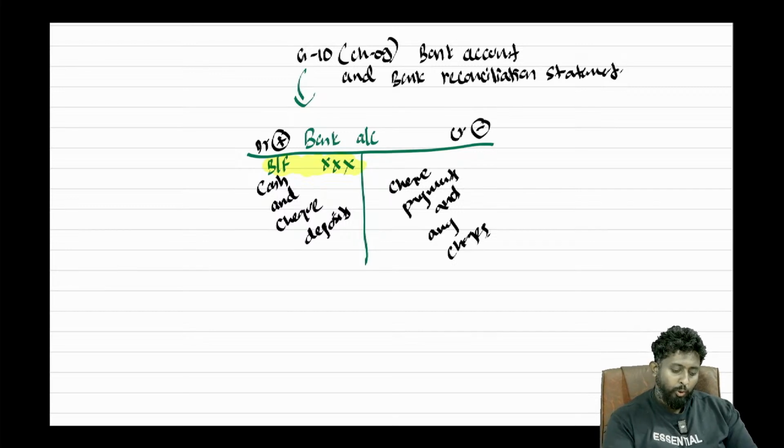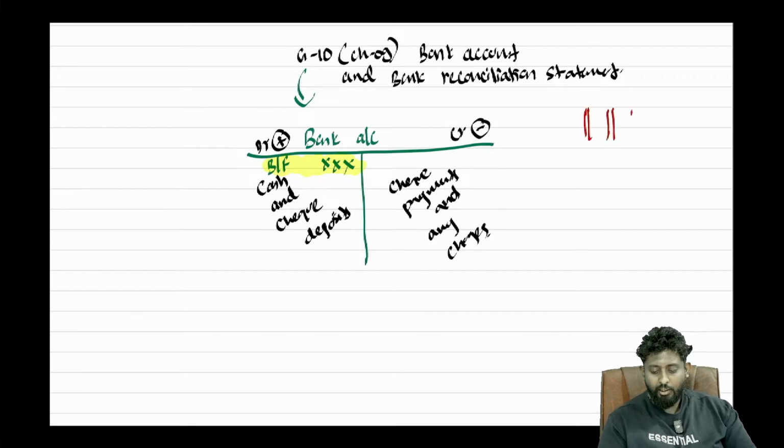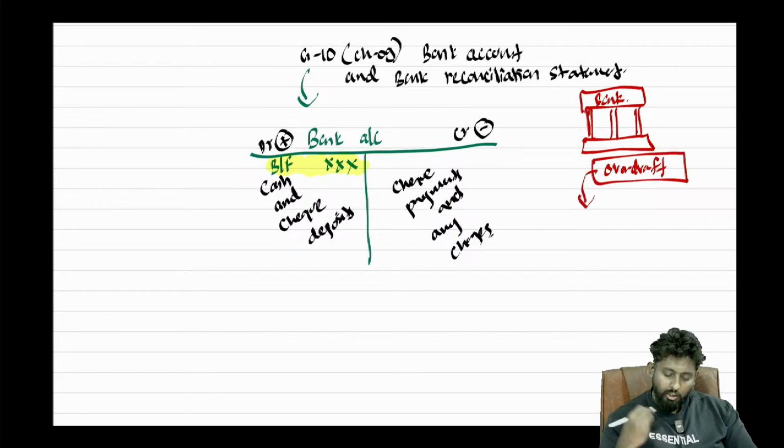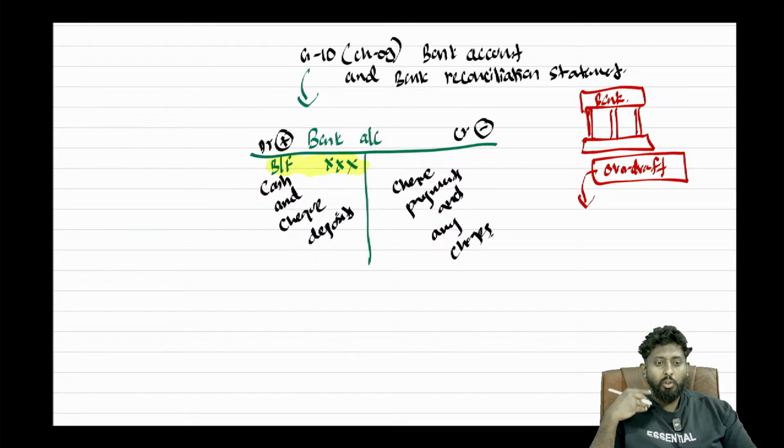However, the bank can provide us a facility called the bank overdraft facility. What is this overdraft facility? The bank allows the business, meaning us, to pay more than what is available in our bank account.